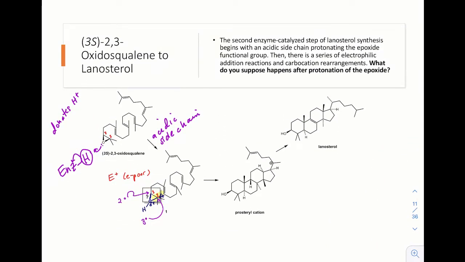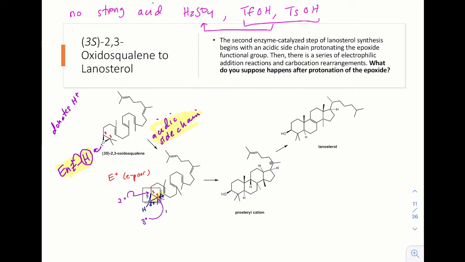So here we are under acidic conditions. The enzyme uses an acidic side chain to protonate the epoxide. I should mention that there is no strong acid floating around in the enzyme. There's no sulfuric acid. There's no triflic acid or tosic acid, the organic acids that behave similarly to sulfuric acid. There are none of these strong acids.